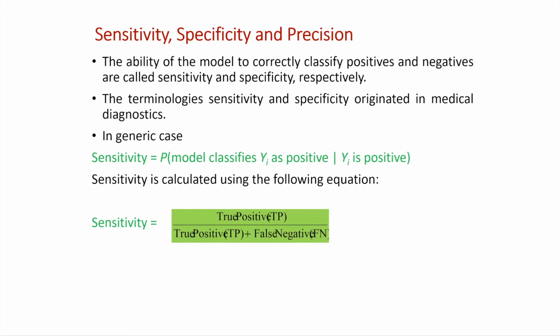It is the ability of a model to correctly classify the positives and negatives. When you correctly classify positives, it is called sensitivity, and when you correctly classify negatives, it is called specificity. So this is the formula for sensitivity.